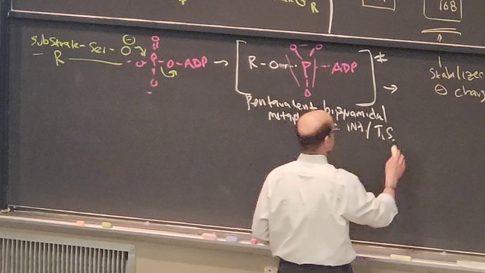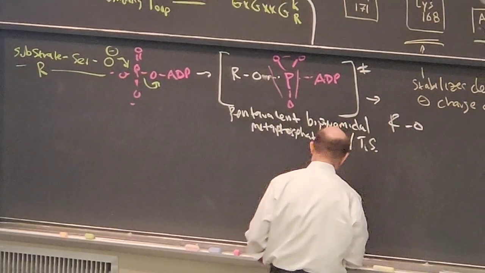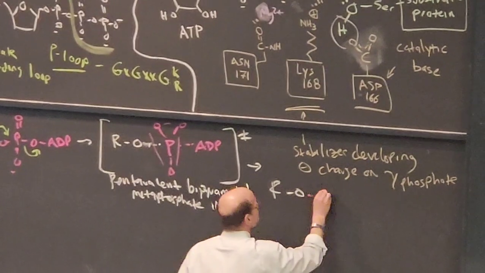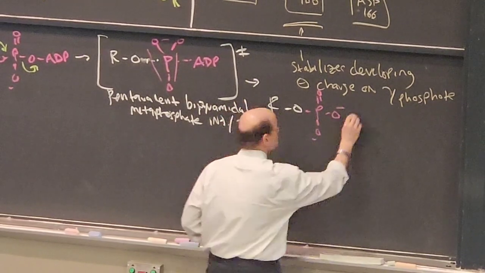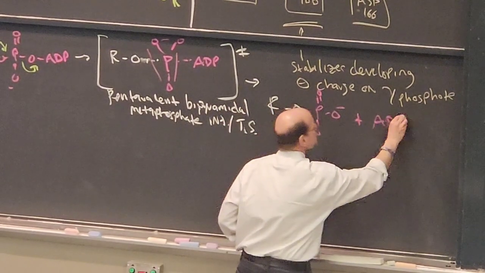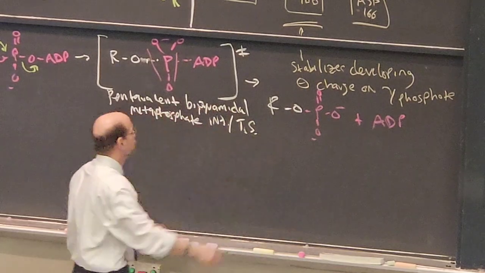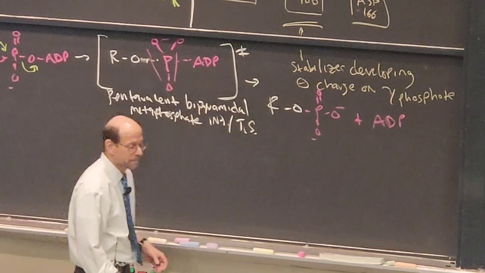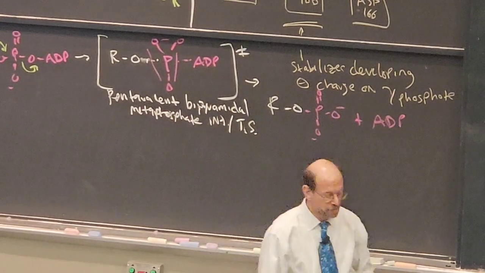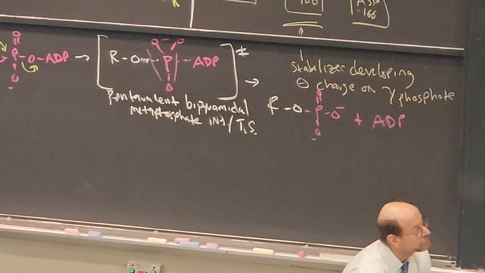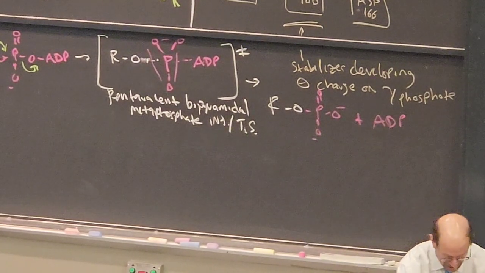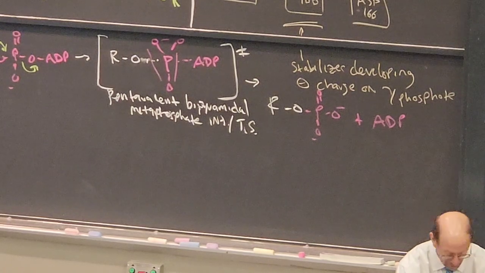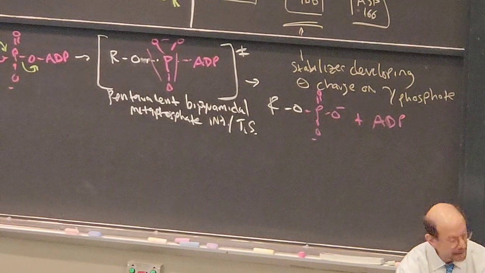Then of course, what I'm going to be left with is going to be RO-P plus ADP. So that's my final state. Now, this drawing that I'm showing you here shows you the real structure of the two regulatory subunits of PKA in purple and dark blue, and in cyan and green, the two catalytic subunits.